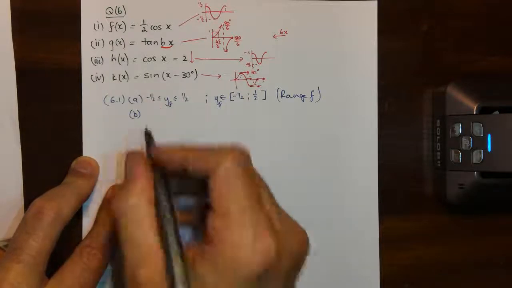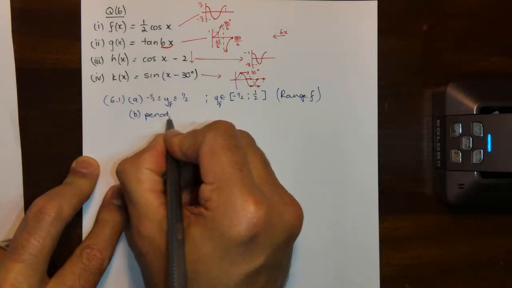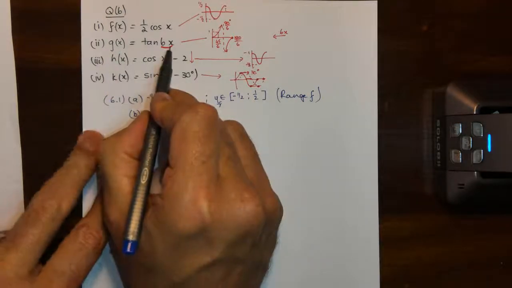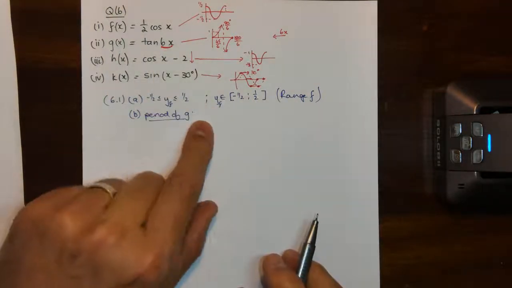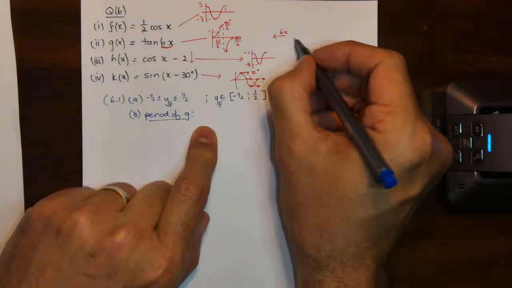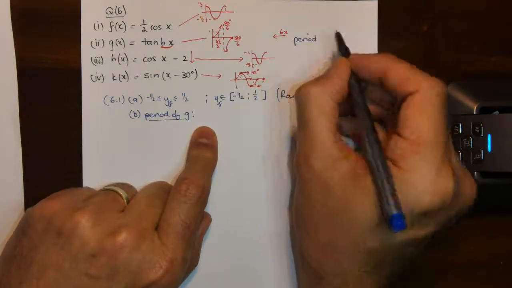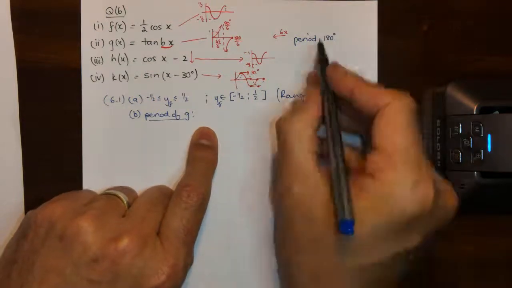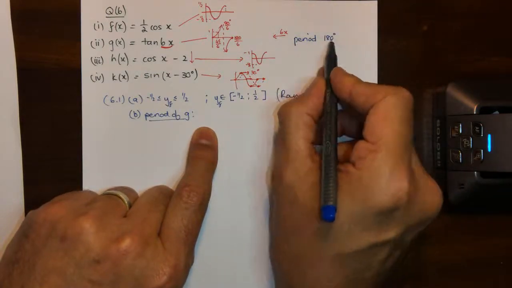Now they ask us for the period of g. Now g is this weird graph, the 6x graph. The normal period for the mother curve of tan is 180 degrees, but that would have been if it was the tan of x.